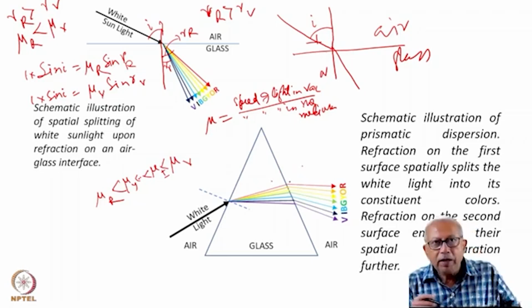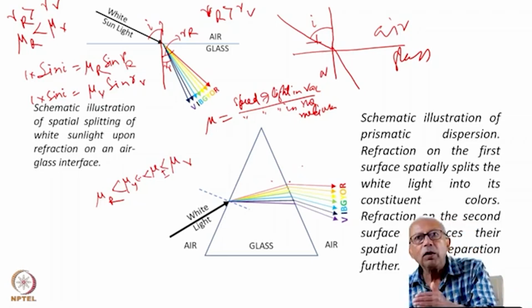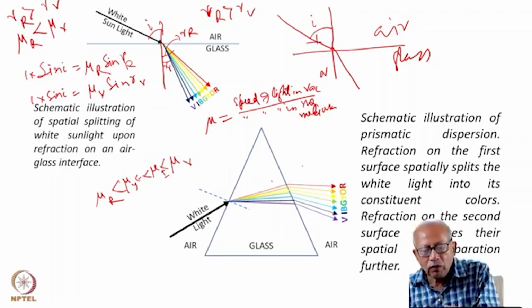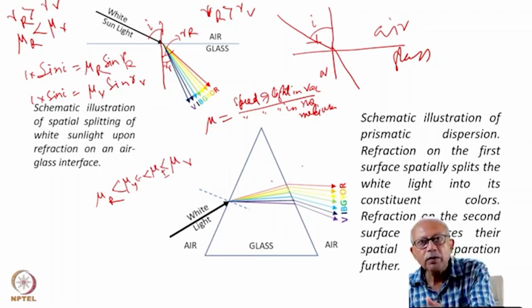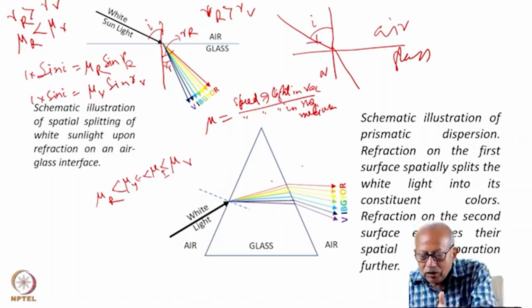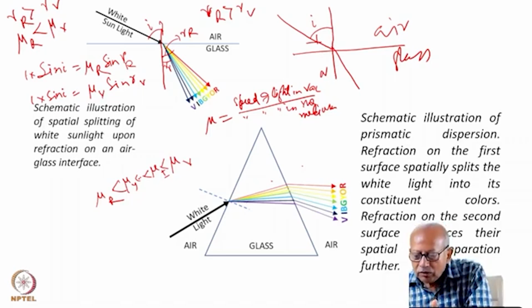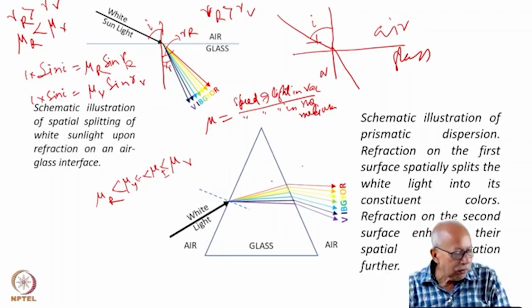They will again go away from the normal as they are traveling from denser to rarer. So this refraction at the second surface will further enhance their spatial separation.